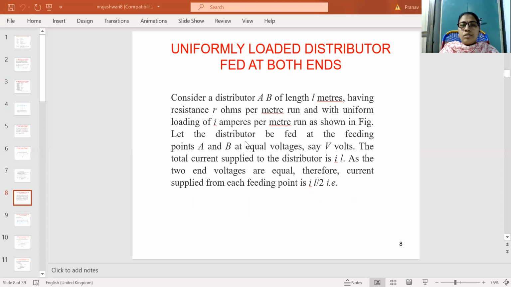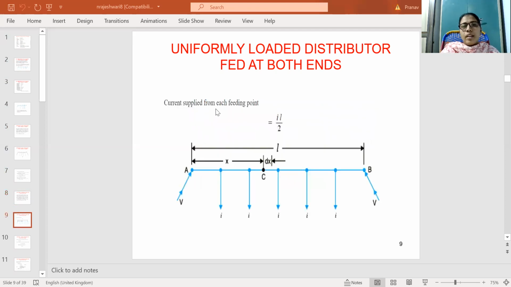Let the distributor be fed at the feeding end points A and B at equal voltages, say V volts, the total current supplied to the distributor is I into L. As the two end voltages are equal, therefore the current supplied from each feeding point is IL by 2.